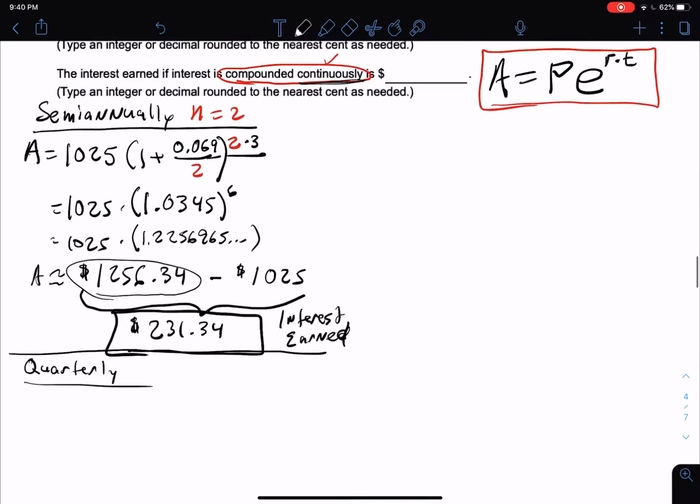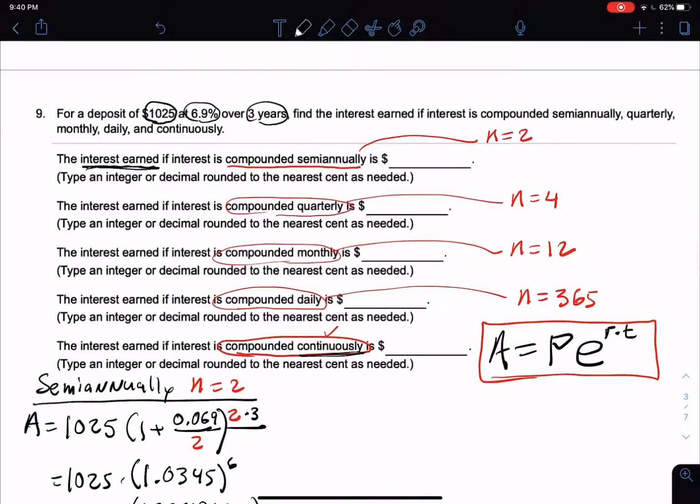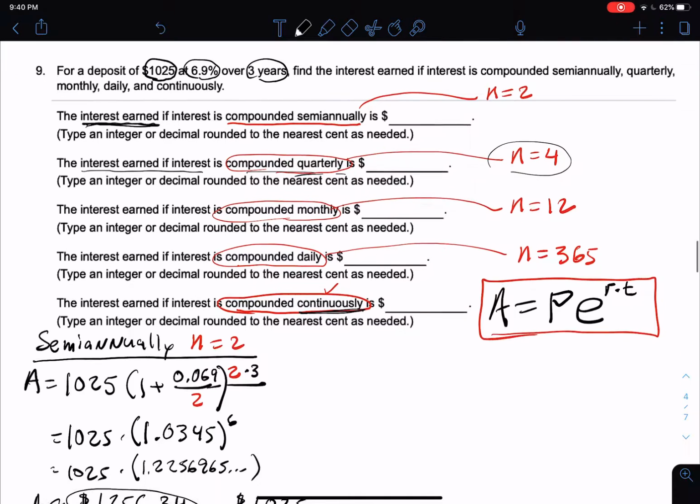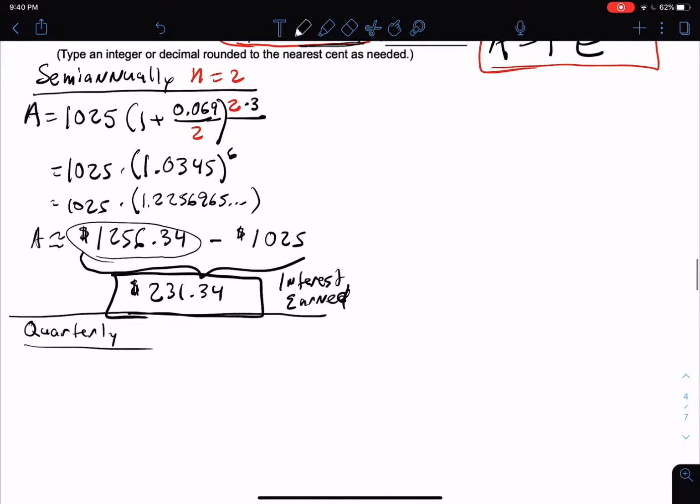What do I mean by quarterly? Look, it says find the interest earned if the interest is compounded quarterly, right? So that's when n equals 4.